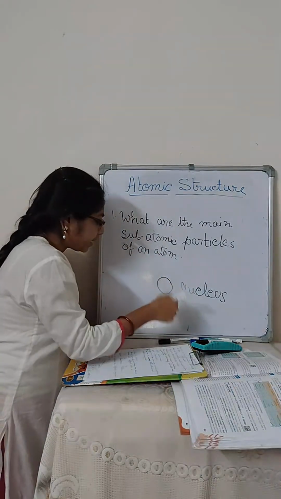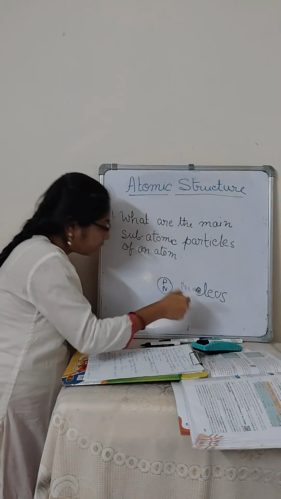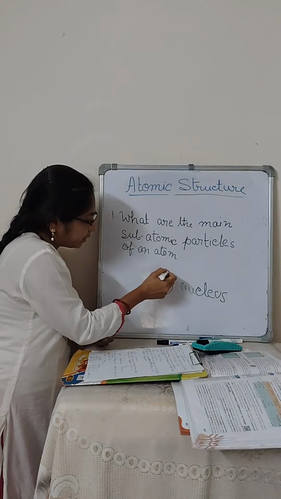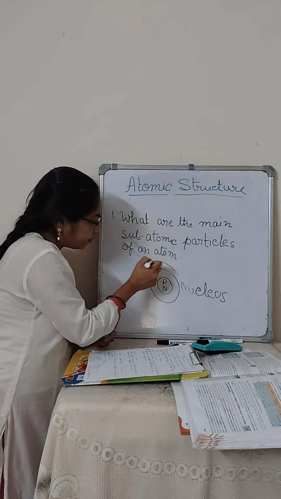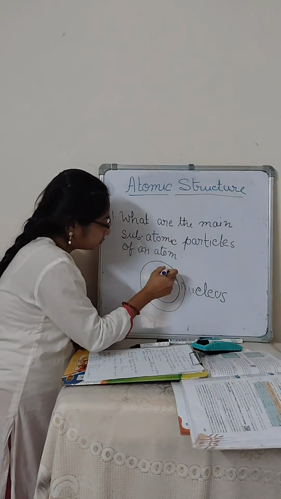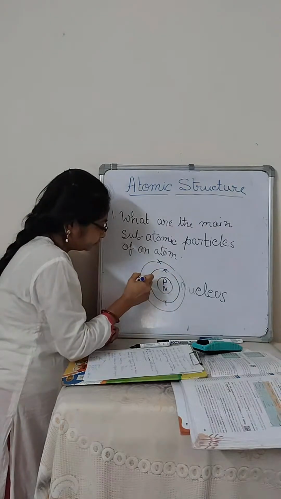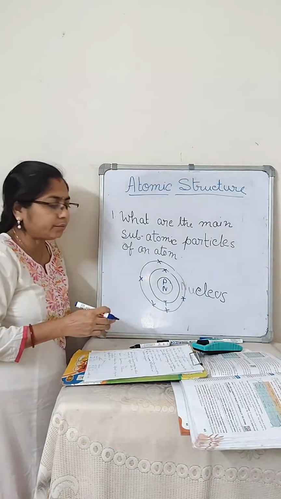It is made of proton and neutron, and around the nucleus there is the shell, the orbit. In the orbit, the electron moves.